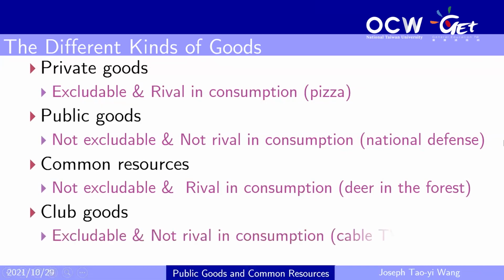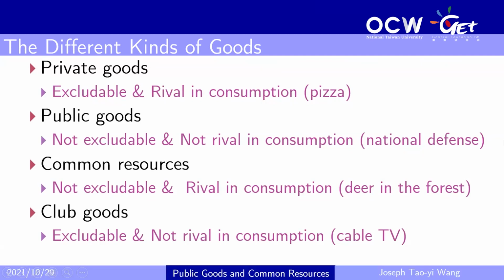Then there's the other flip side, which is a club good, which is excludable but not rival in consumption. So for example, cable TV. If you watch cable TV, it does not affect your neighbor also watching cable TV. But if you don't pay the cable TV company, the cable TV company can disconnect your cable so that you cannot watch it.